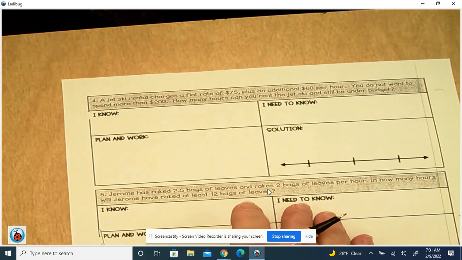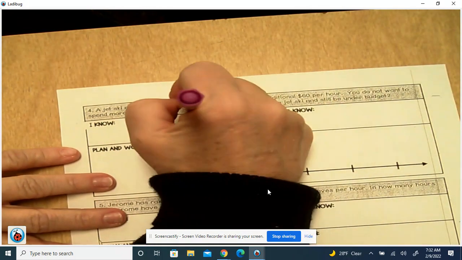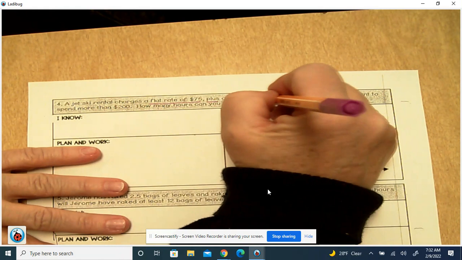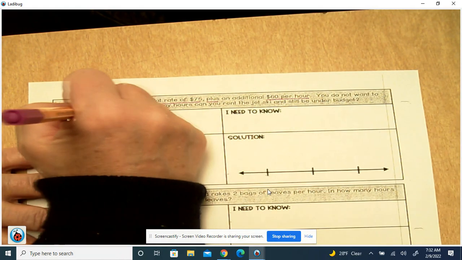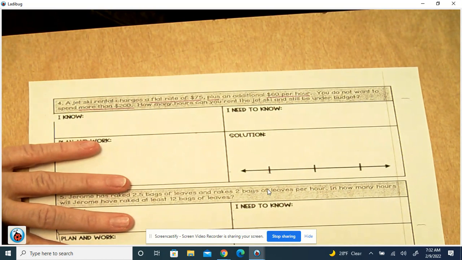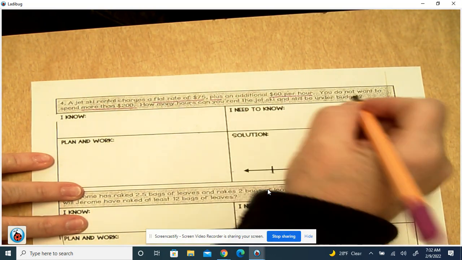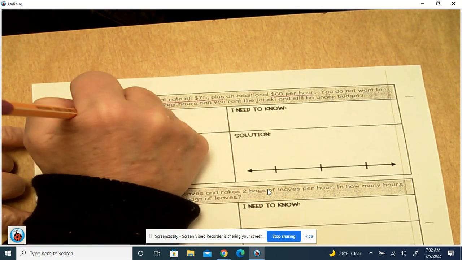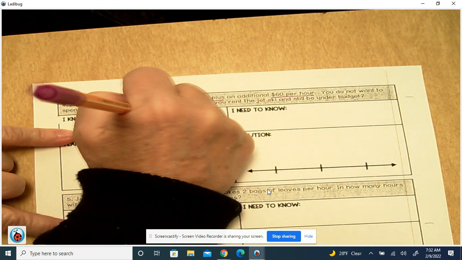Number 4, the jet ski rental charges a flat rate of $75 plus an additional $60 per hour. You do not want to spend more than $200. How many hours can you rent the jet ski and still be under budget? So you know that it's a flat rate of $75.